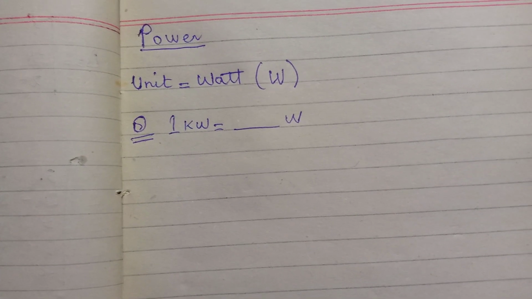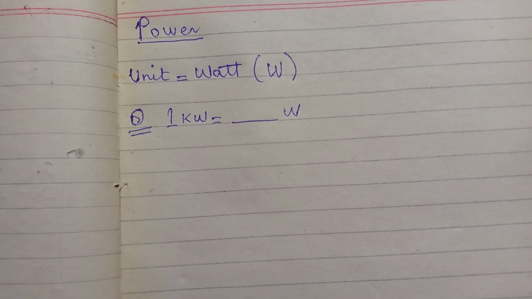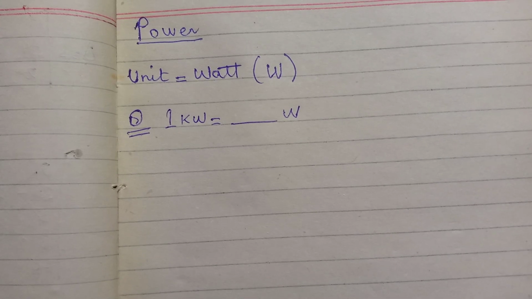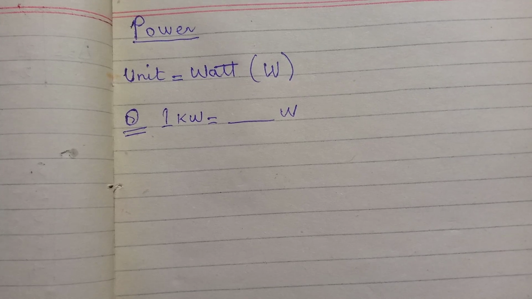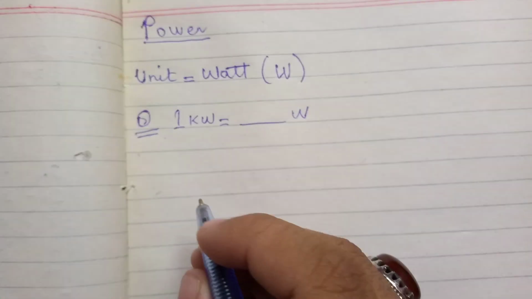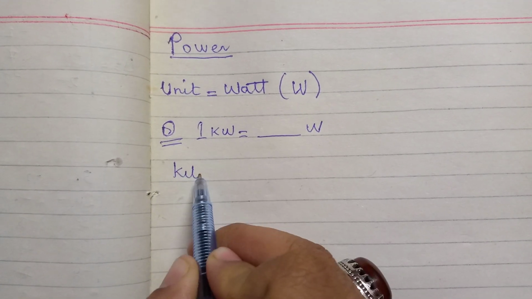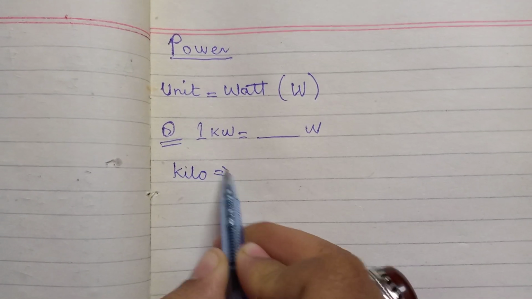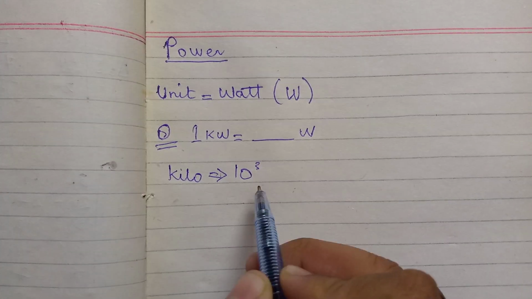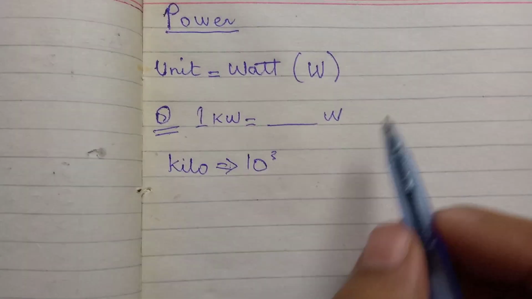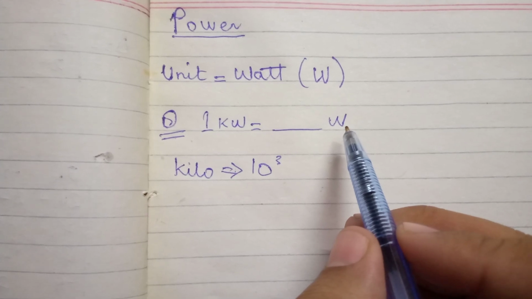First of all, you have to write the prefix, you have to write the multiplier for the prefix kilo. The multiplier for the prefix kilo is 10 raised to the power 3. You can see on the other side there is no prefix.